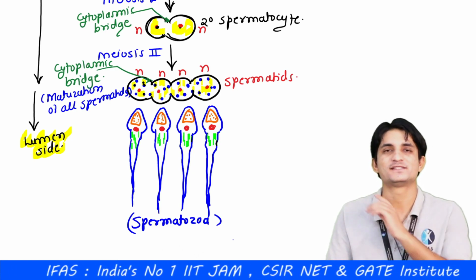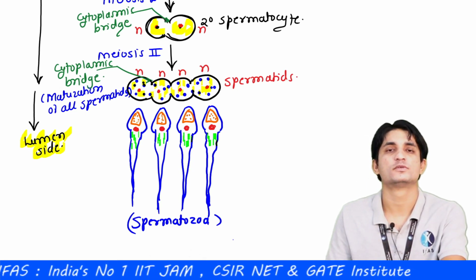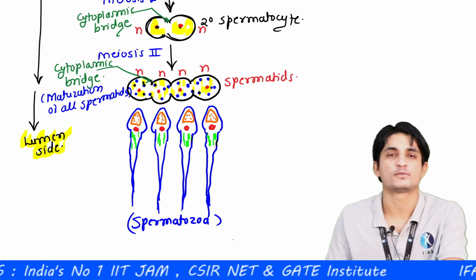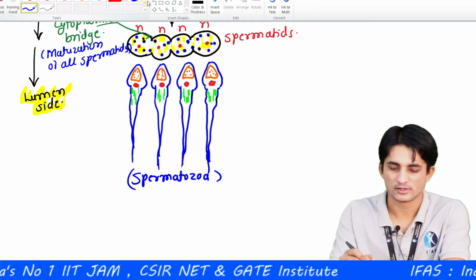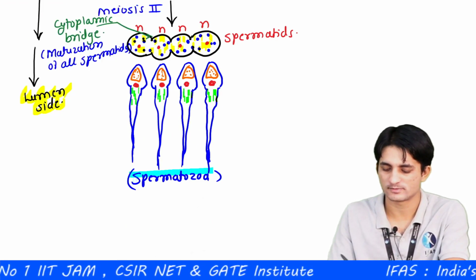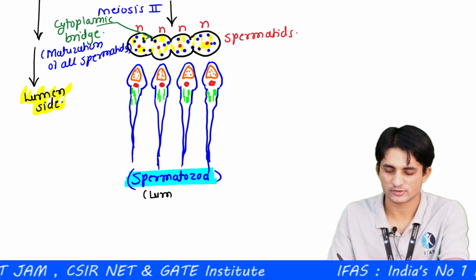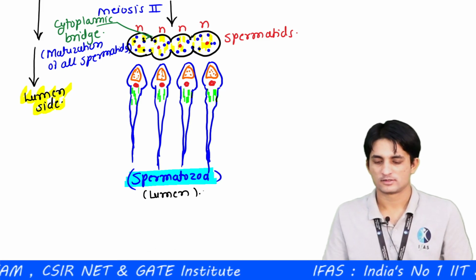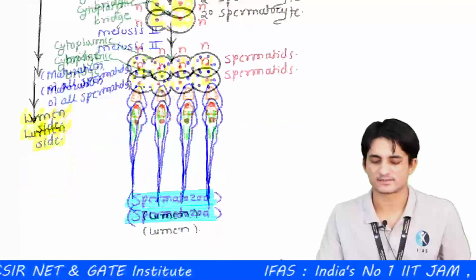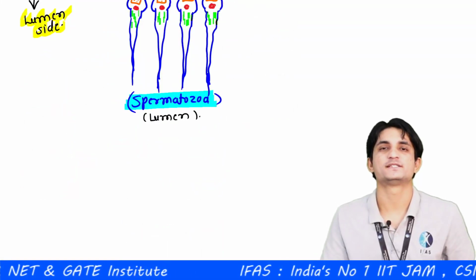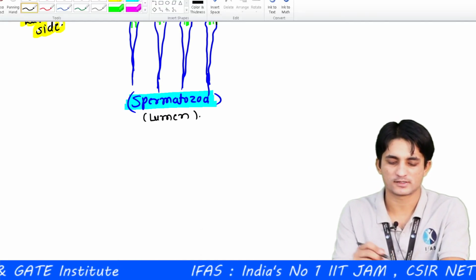After that there is disconnection of the cytoplasmic bridge, and each spermatozoon matures normally in the seminiferous tubules. So this is the lumen of the seminiferous tubule, where these sperms mature. Now we have discussed the spermatogenesis process. After spermatogenesis, the sperms that are produced contain different regions.